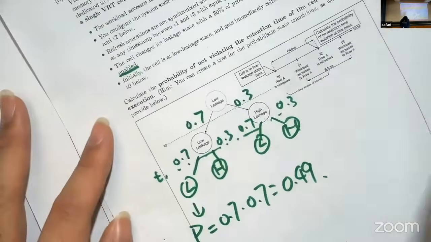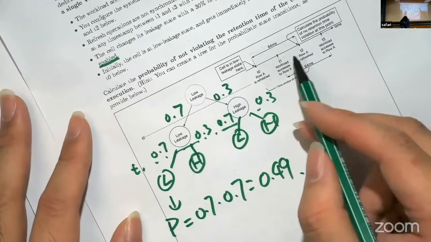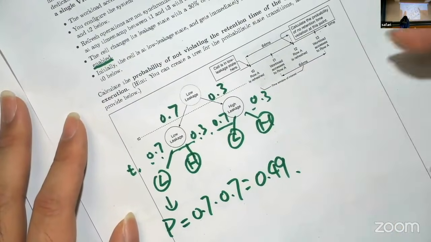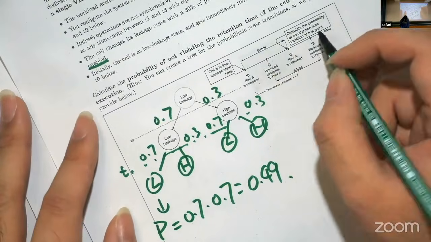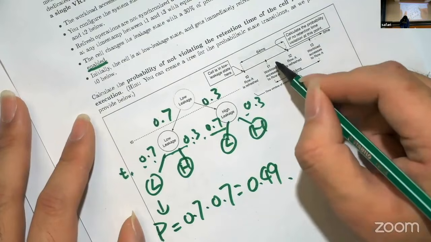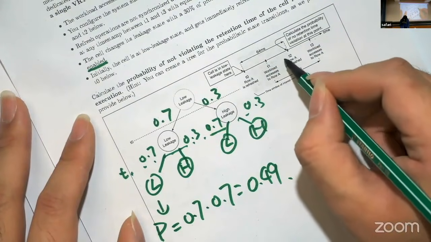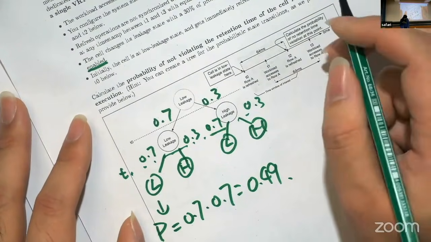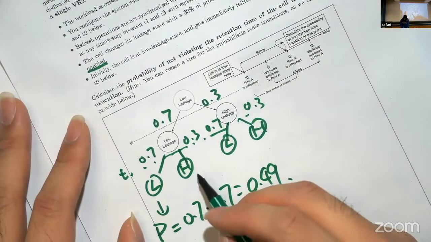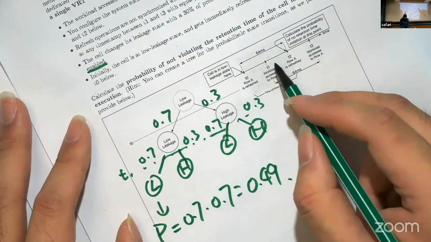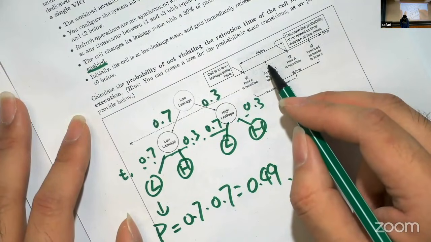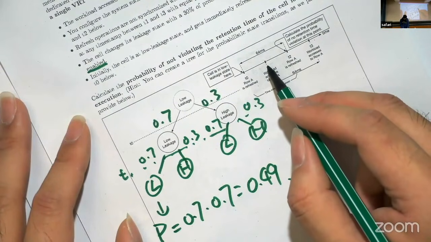Since after T1 the cell is in a high leakage state, if we would like no retention failure to happen at T2, then the interval between T1 and T2 should be less than 16 milliseconds, because in the high leakage state, the cell can only retain data for 16 milliseconds.